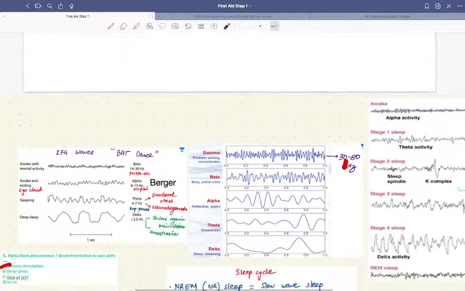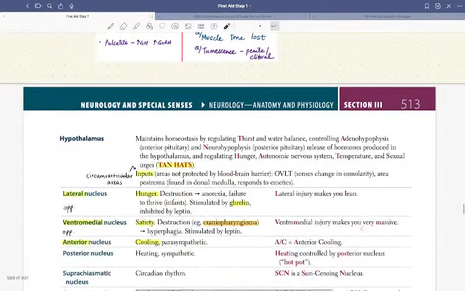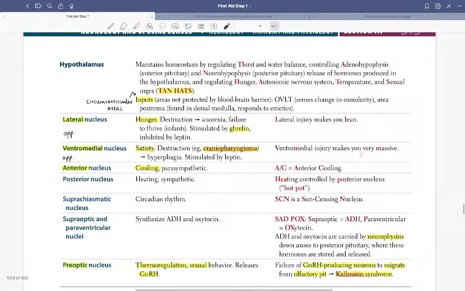Next we have the hypothalamus. Now, for the hypothalamic nuclei there are two ways to remember this. Either you can see the pixelized images, or we can just imagine a fridge.